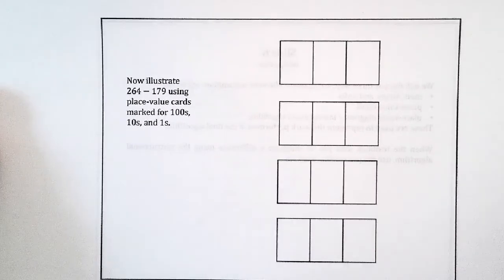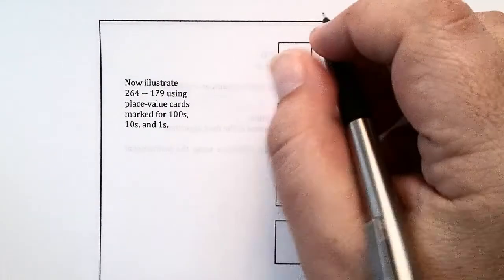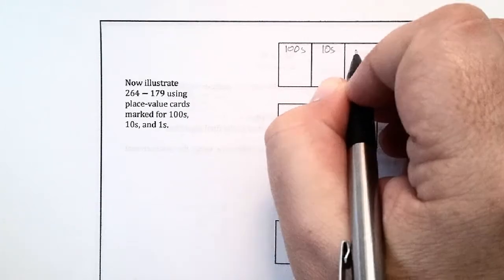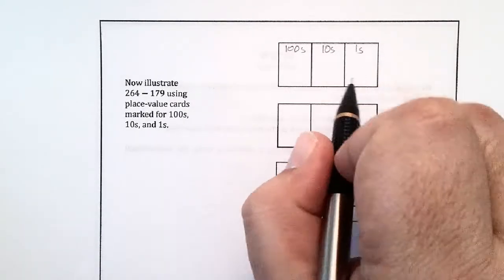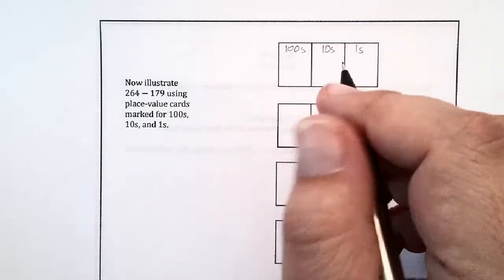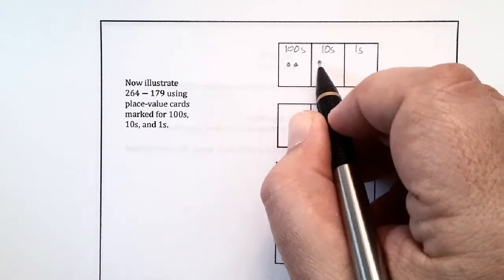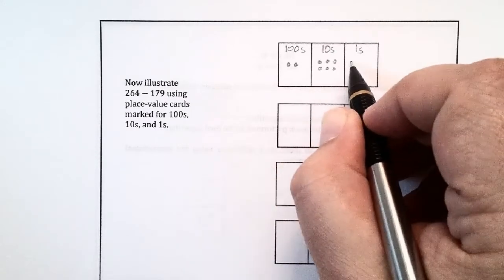Okay, so now let's do the same thing, but now with place value cards marked hundreds, tens, and ones. So again, we have just one card to start out with that represents the whole number. 2 hundreds, 6 tens, 4 ones.